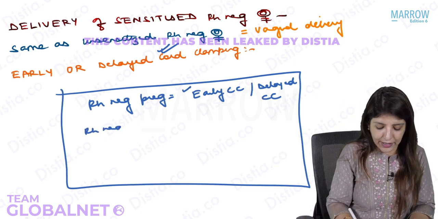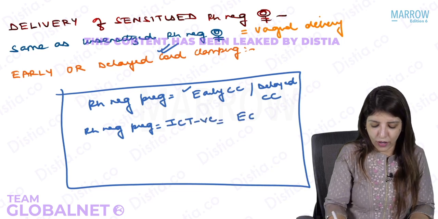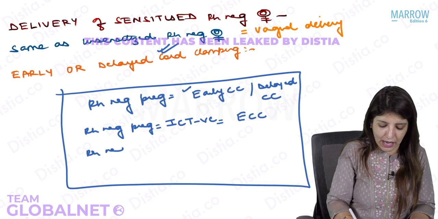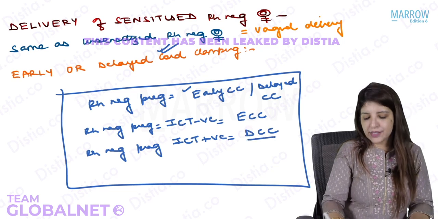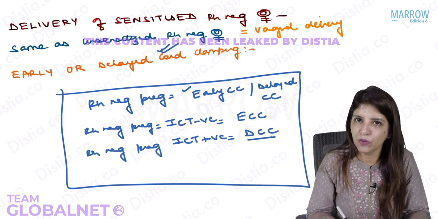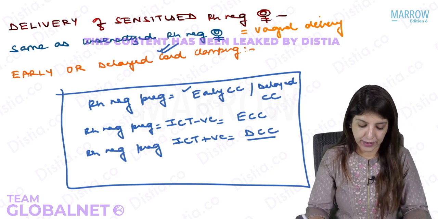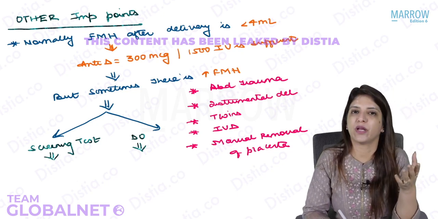If they say Rh negative pregnancy with indirect Coombs test negative, then also go for early cord clamping. If they say Rh negative pregnancy with indirect Coombs test positive, go for delayed cord clamping. Clear to all of you? Yes? Okay. Now, I hope you've understood the basic concepts of Rh negative pregnancy.